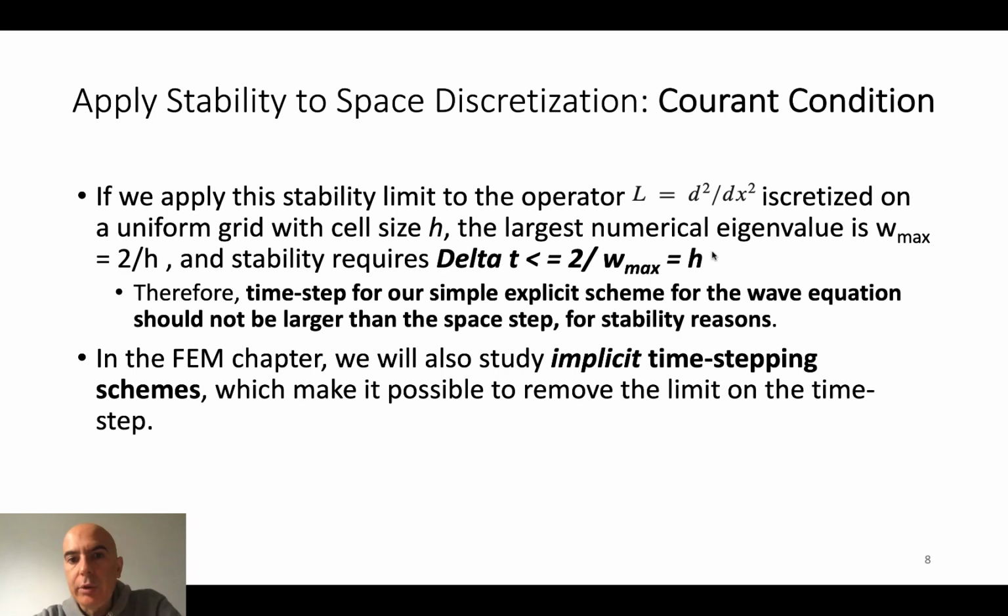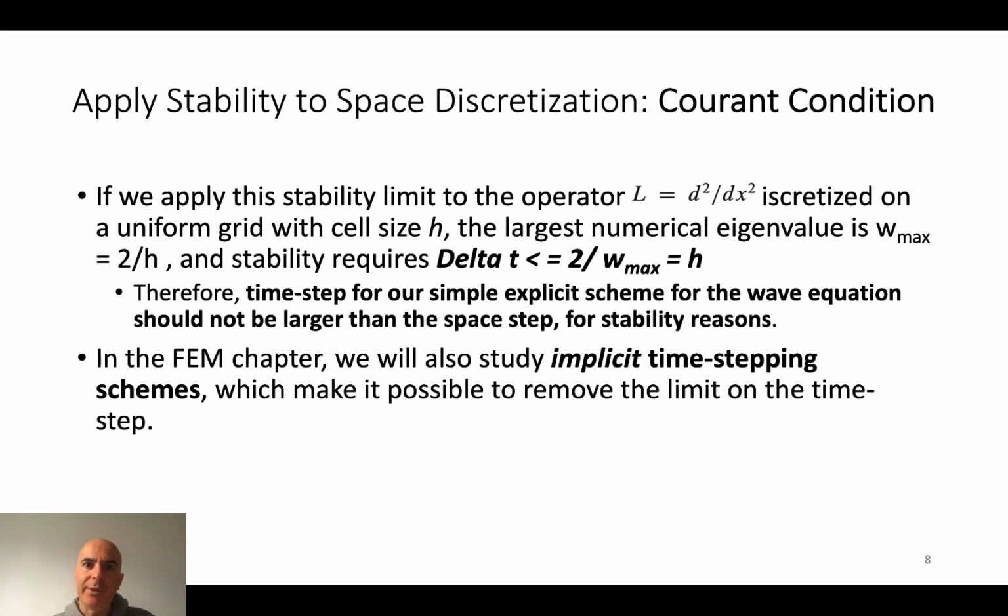So this is also called the CFL condition. The time step for our simple explicit scheme for the wave equation should not be larger than the space step for stability reasons. So this is a very important stability constraint when we have derivatives both in time and in space.